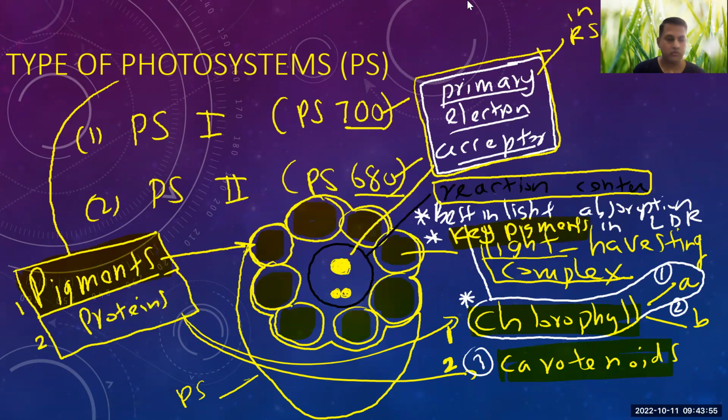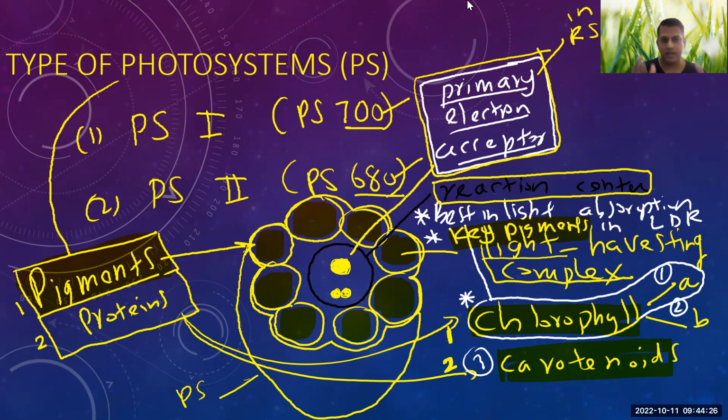Right now, what is the difference between PS1 and PS2? If we look at the representative picture of the photosystem, this is the picture. The only difference is that PS1 and PS2 have a different composition, but the function is to absorb the light.